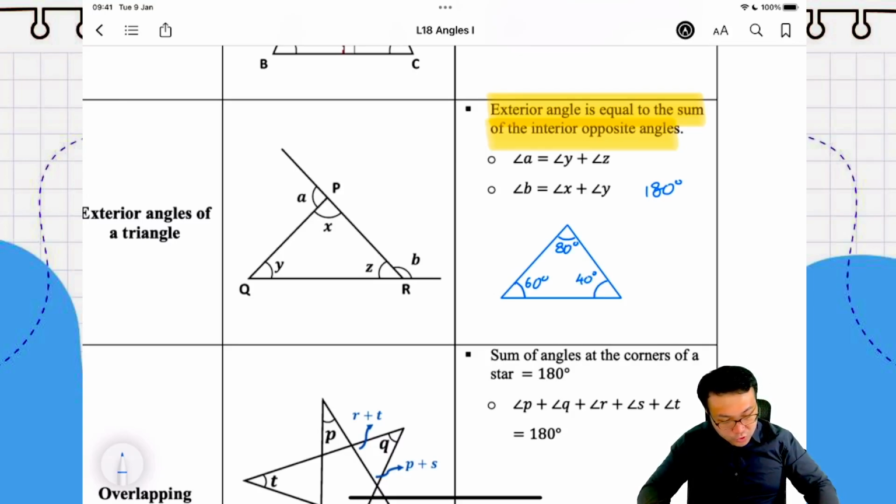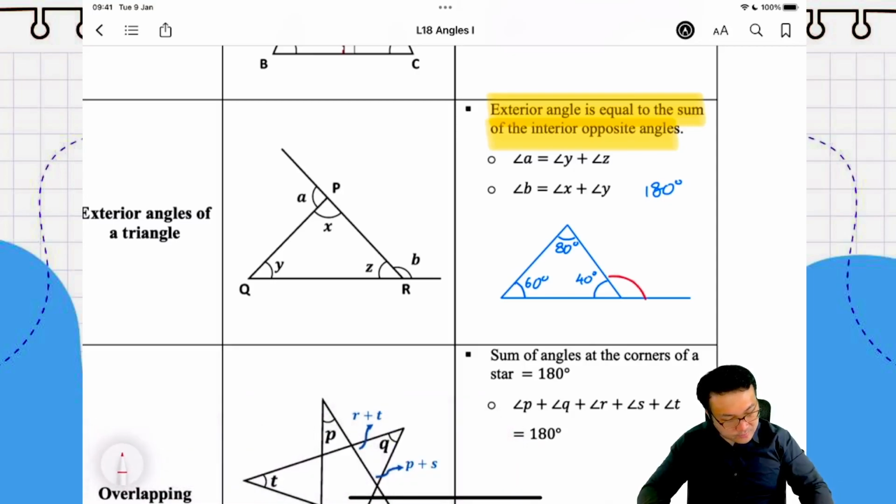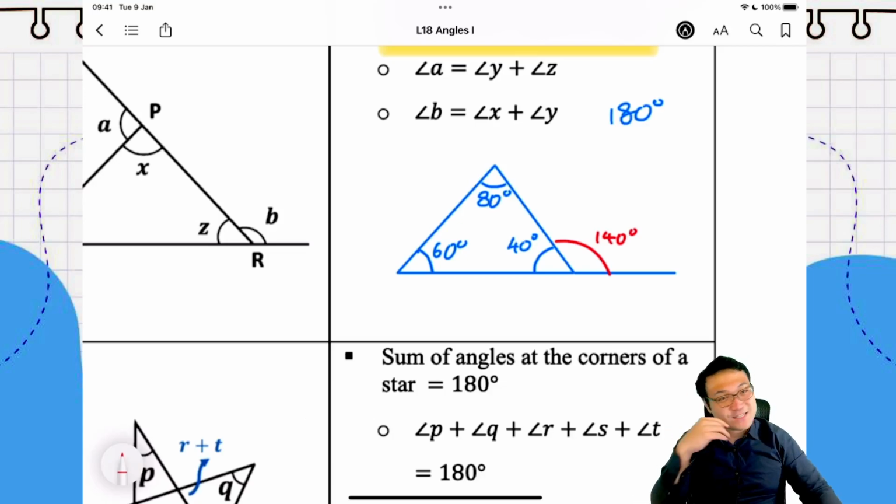If I were to draw a line extending outwards like this, then I will say that this is an exterior angle. And since this is a straight line, students, remember just now I said that a straight line has an angle of 180 degrees, right? So the angle here should be 140 degrees. Do you notice something, students?